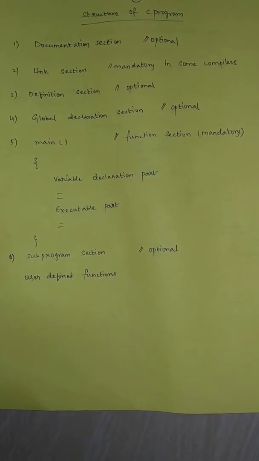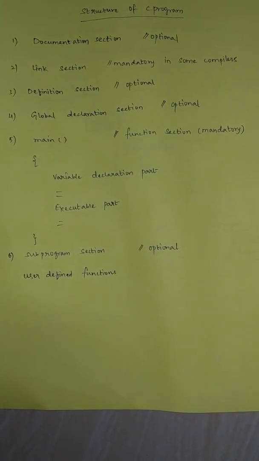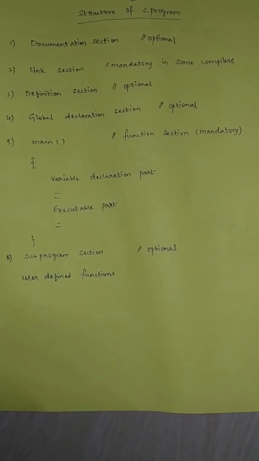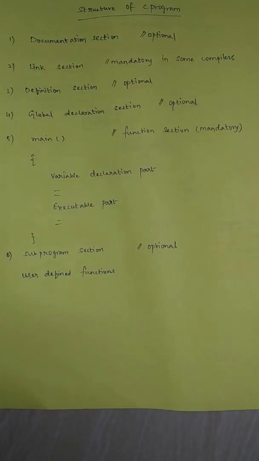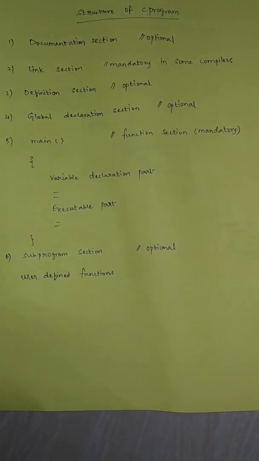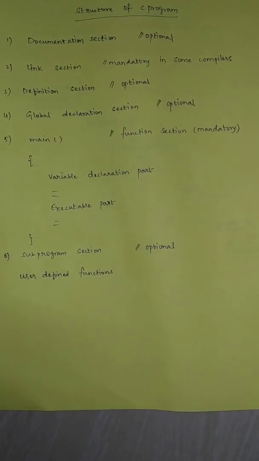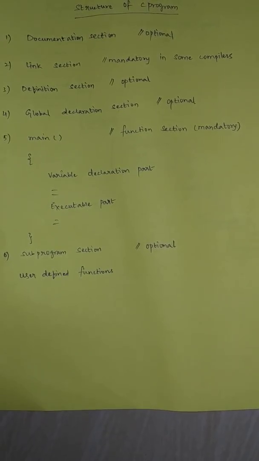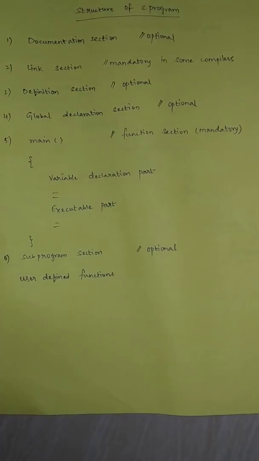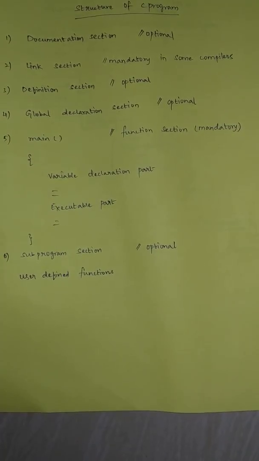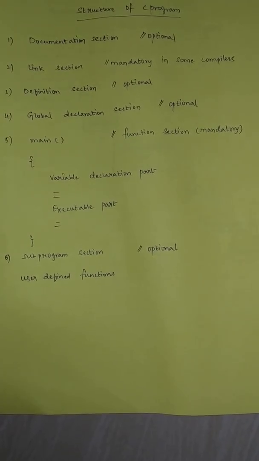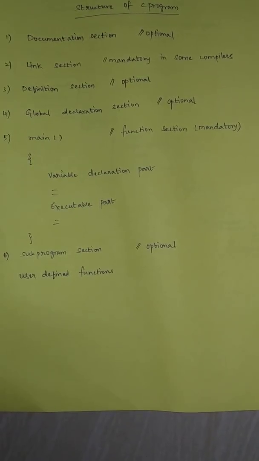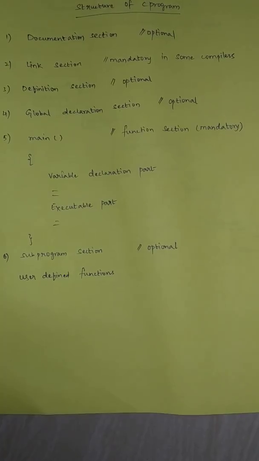And let me tell you one point: C programming or the C language is called a structural programming language. Now, what is a structural programming language? It is nothing but whenever a program is to be written in C code, first that particular program will be divided into small parts which are called modules or functions, and each and every function will perform a particular task, and all these functions together will become the C program that we are writing.